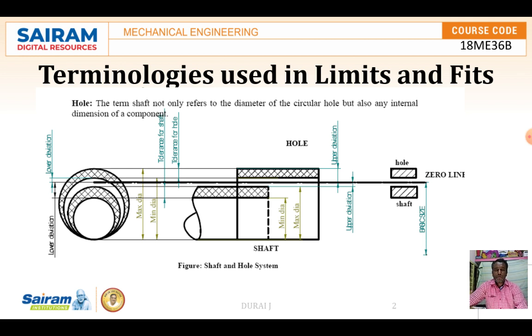One more thing is the nominal size. Suppose in your question the basic size is given as 24.98 mm. But as a matter of convenience, we are going to take it as 25 mm. That is called the nominal size.